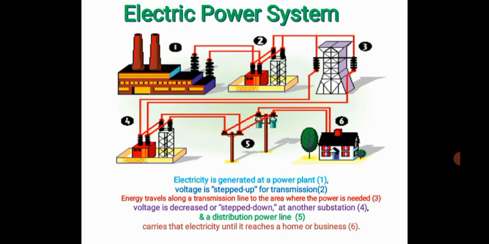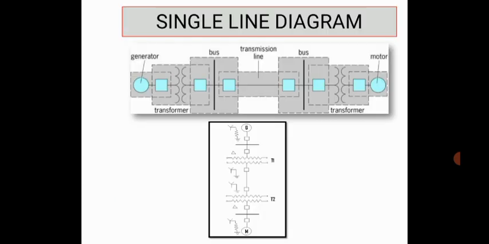And step 4, voltage is decreased at another substation. And step 5, we have to distribute the electricity. And finally step 6 indicates the electricity reaching homes or industries, whatever the need may be.